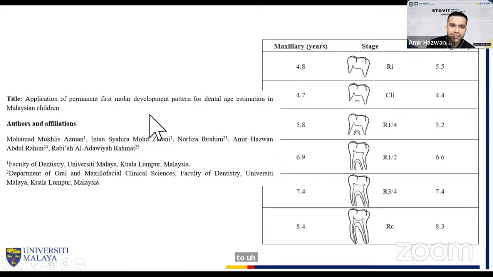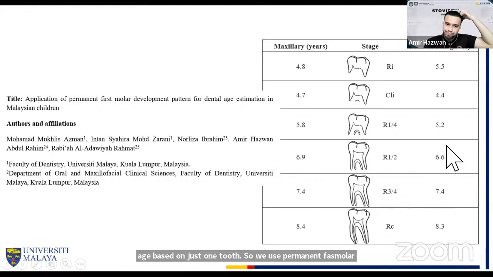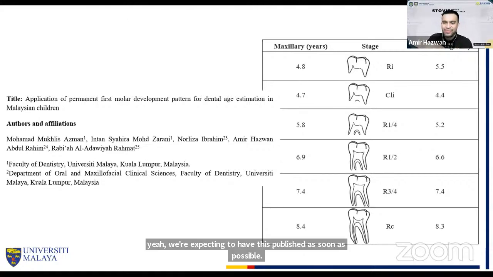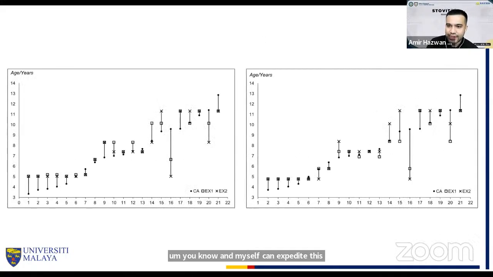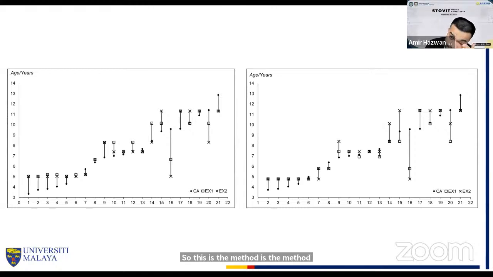We use the permanent first molar, and then this was our finding. We haven't published this yet, but we are expecting to have this published as soon as possible. Hopefully, Dr. Rabia and myself can expedite this process, but we'll see. The accuracy is not great, but it's okay. It's a start. The standard error was about 1 year.